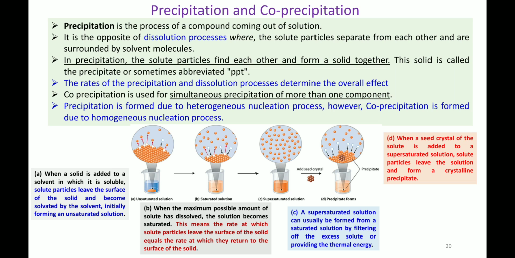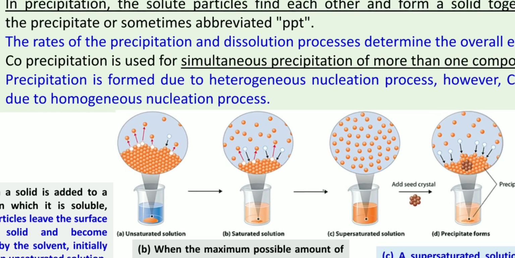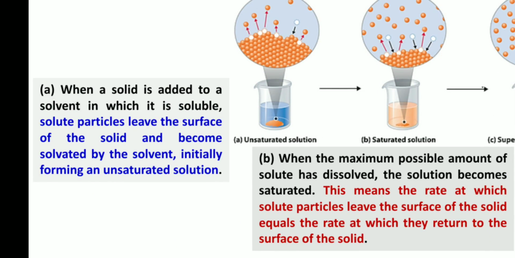You can see in this image that there is a beaker which has a solvent, and we are going to add some solute. The solute is in the solid form.